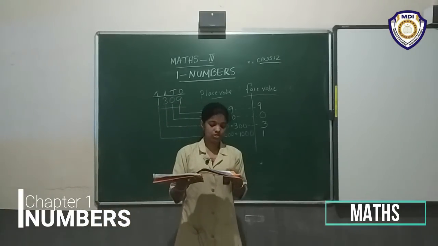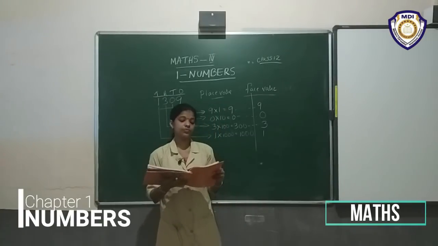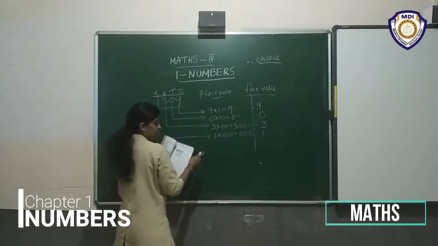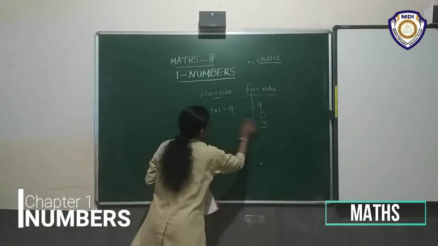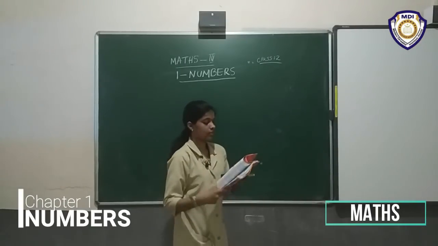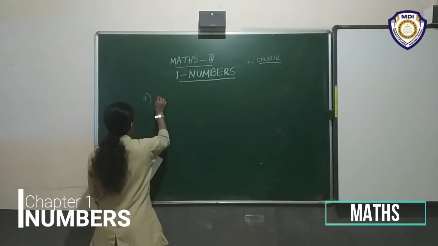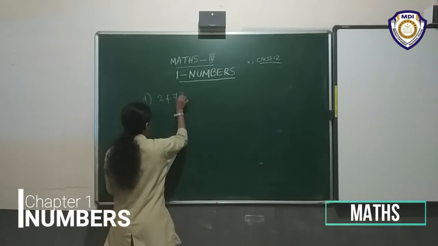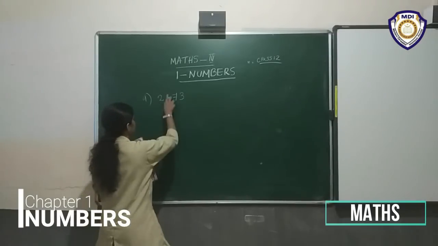All of you take your text. Page number 78. I will explain one question. 2,473.